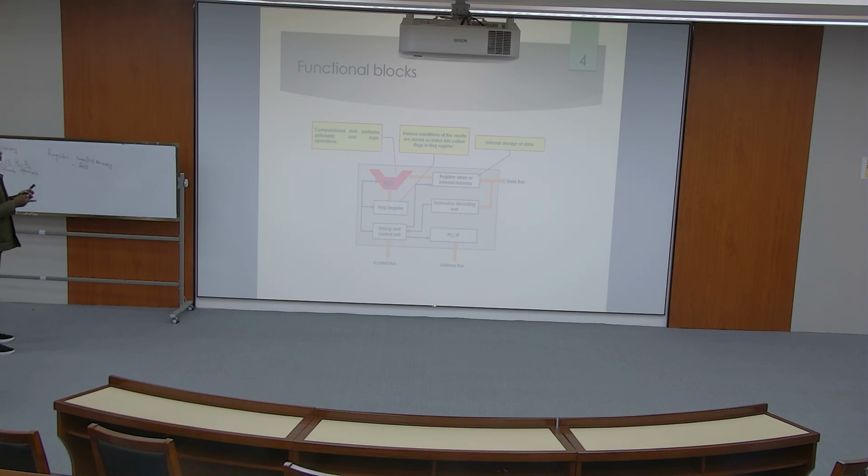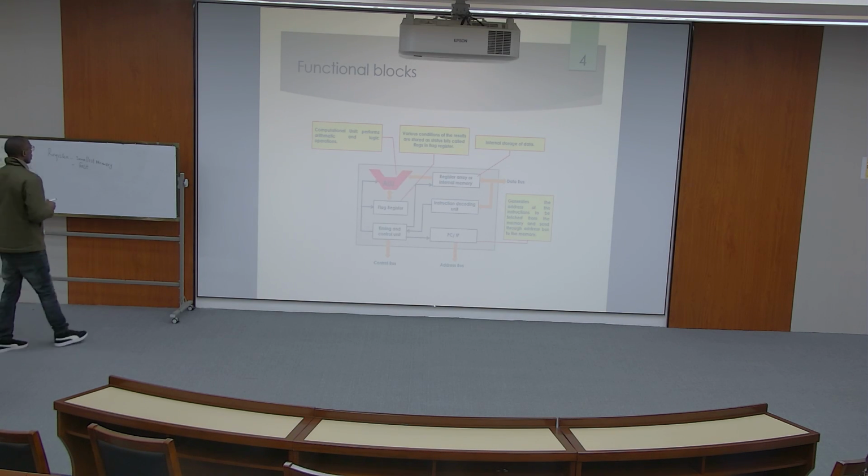Next, we have another key component, the PC or IP, program counter or instruction pointer. This one generates the address of the next instruction to be fetched by the microprocessor, and it has to be sent through what we call the address bus.